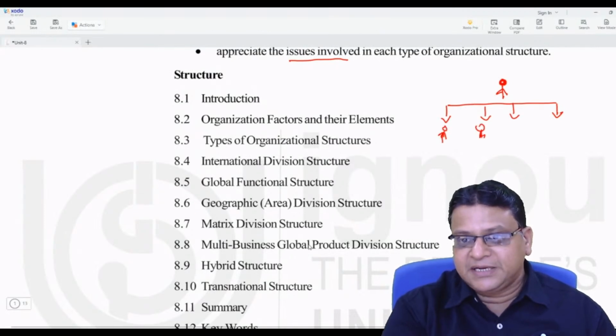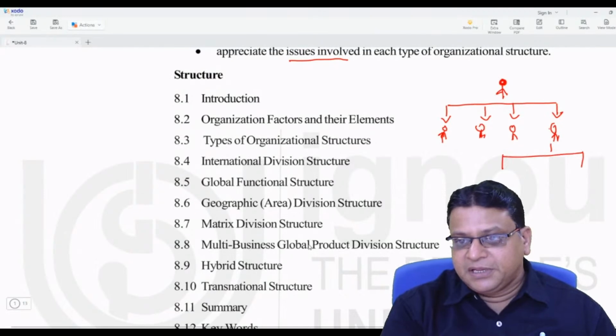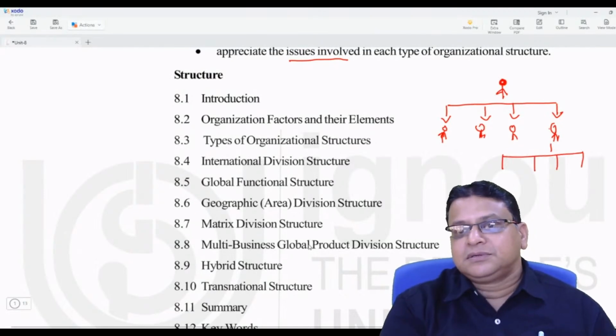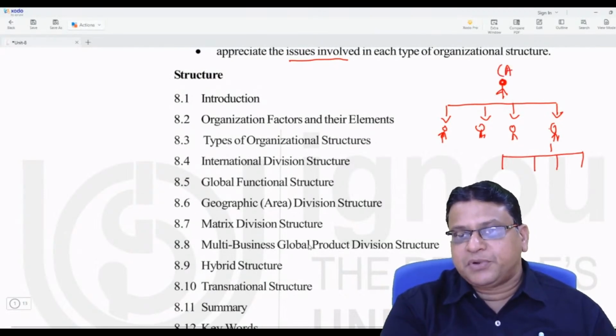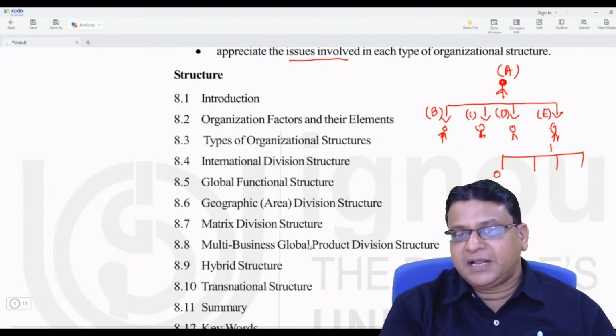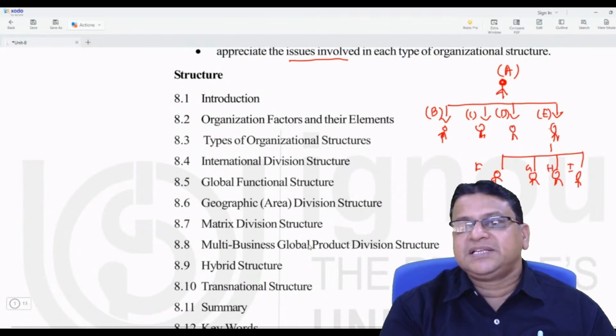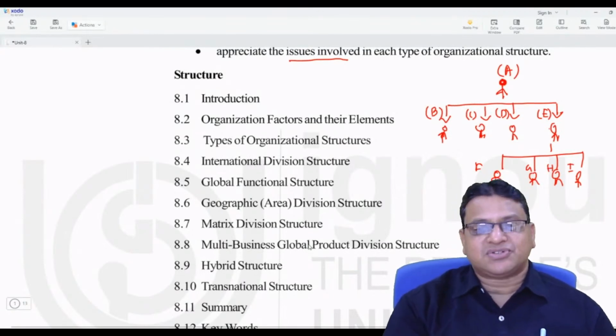They report directly to the top boss. Let's say person A, person B, person C, person D, person E. And under E, there are further 4 persons: F, G, H, I. This is a typical organizational structure.